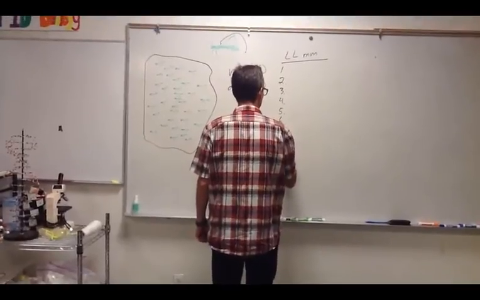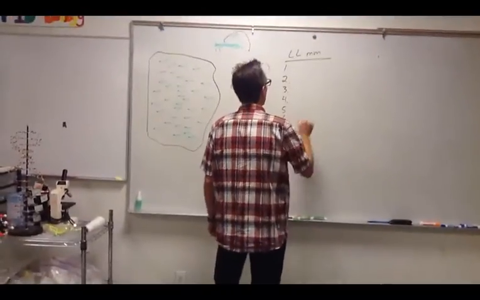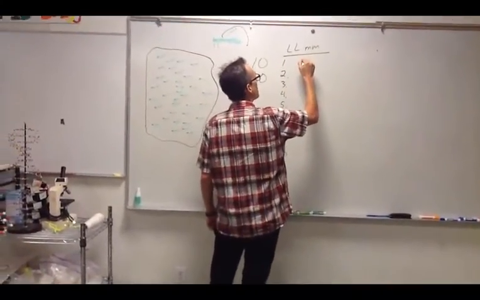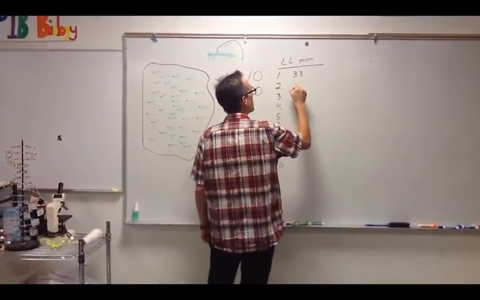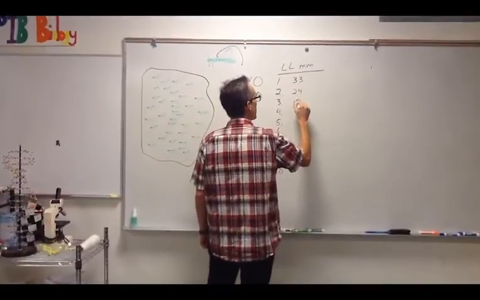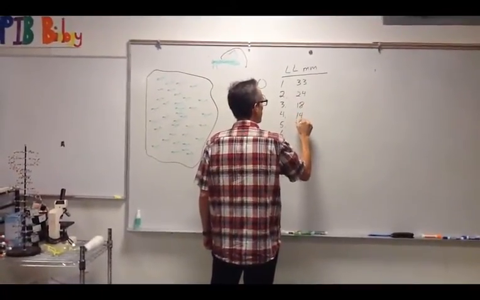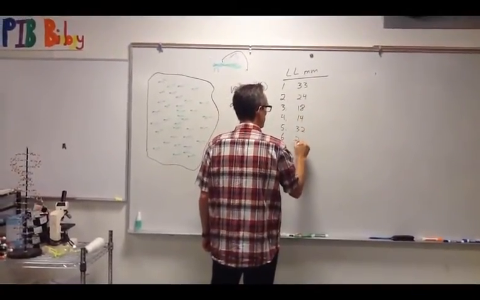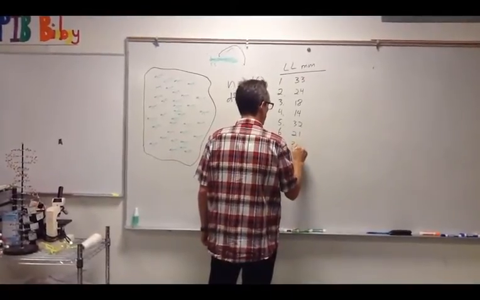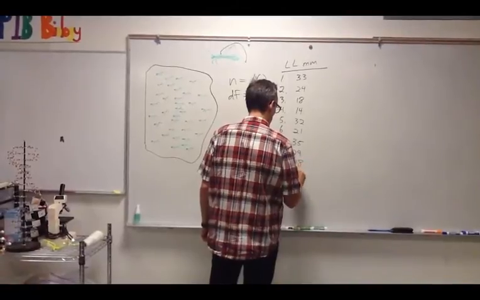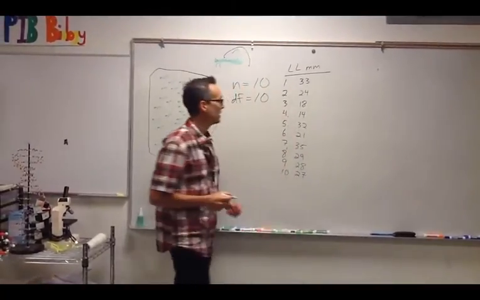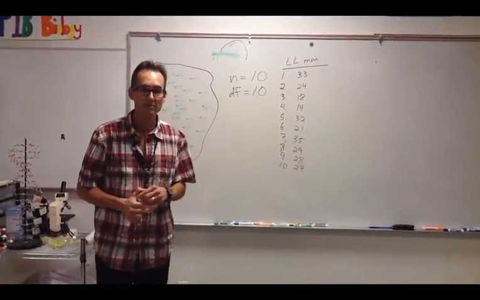And let's say that my measurements are, I'm just going to make up some numbers, 33, 24, 18, 14, 32, 21, 35, 29, 28, and 27 millimeters. Those are my 10 measurements.